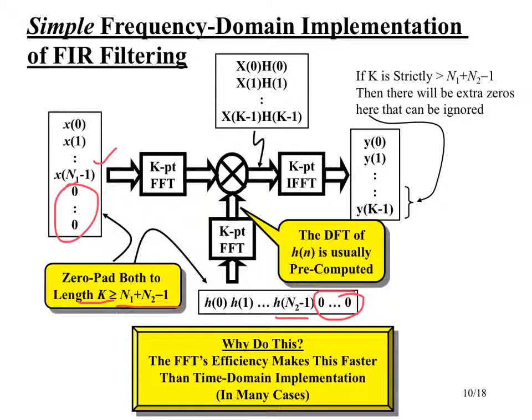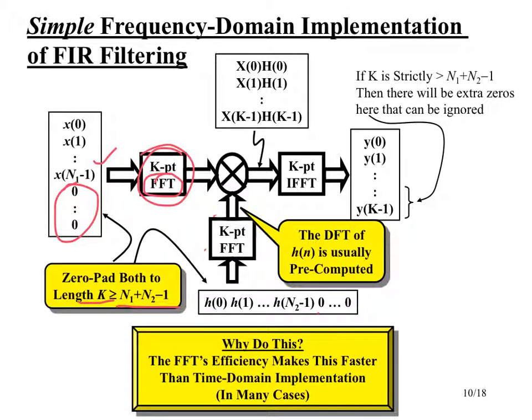And so once we do that, we then compute the k-point DFT of the impulse response. And I'm alluding here that we will do this with the FFT, which we'll be studying soon, and is an efficient way to compute the DFT. And also point out that this filter is something that we're trying to design and implement ahead of time. So in reality, we can pre-compute one of these two DFT results.